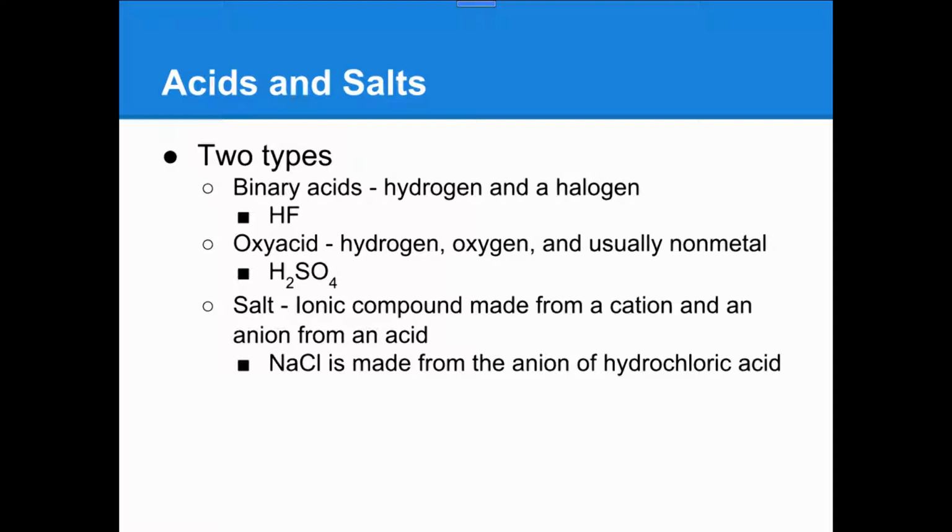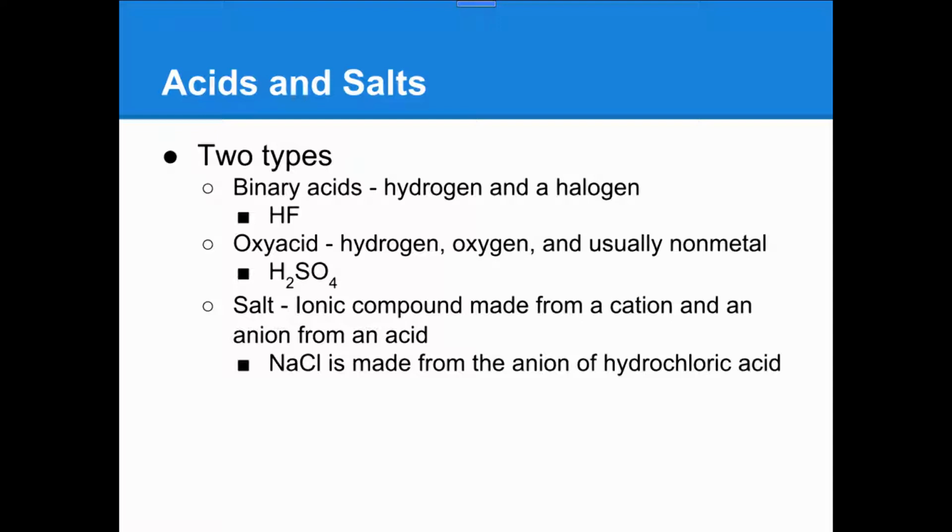The second type of an acid are oxyacids. And these contain hydrogen, oxygen, and usually a non-metal of some sort. Remember, your non-metals are to the right of the metalloid line, that stair-step line that goes through the right side of the periodic table.